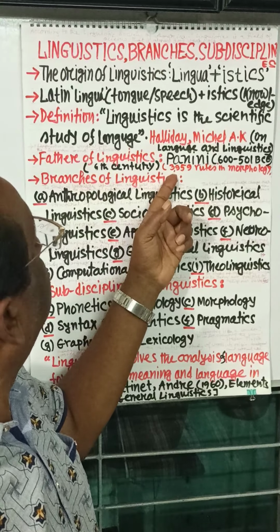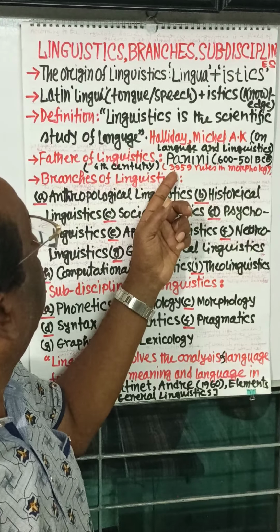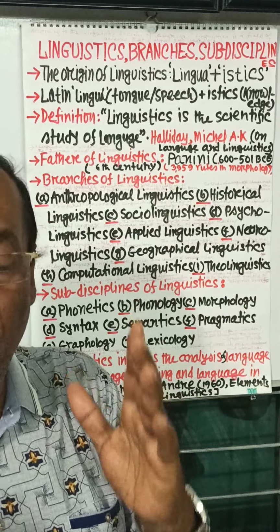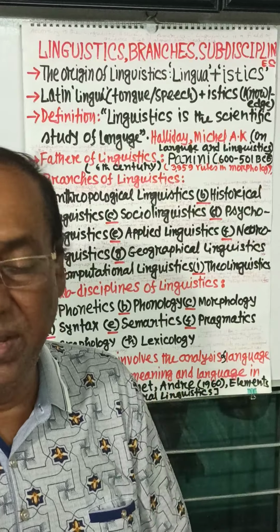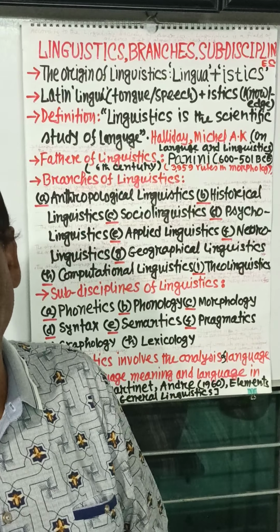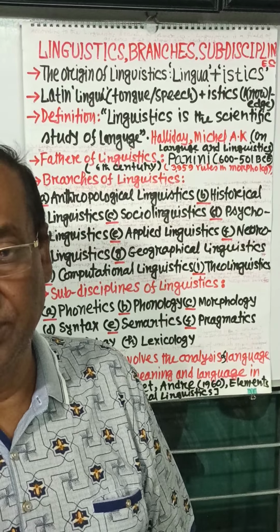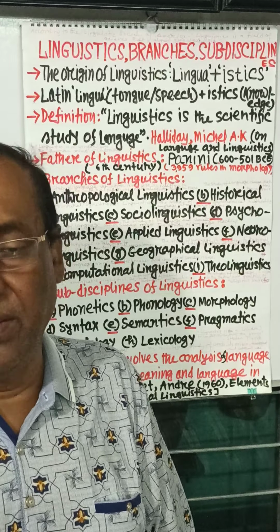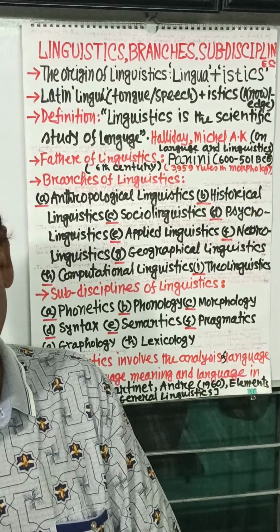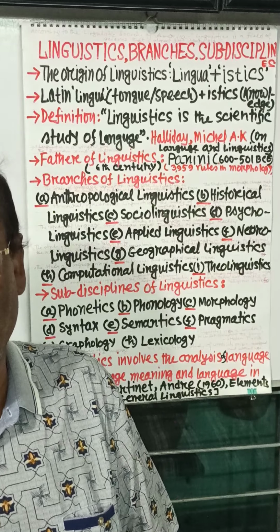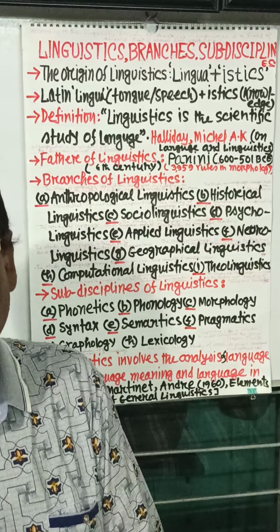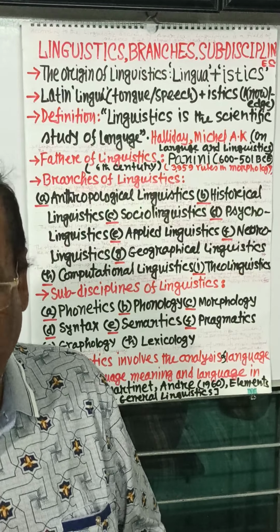We can find 3,959 rules in morphology in Panini's book Ashtadhyayi. And in this book, we find some concepts based on religious views related to language.